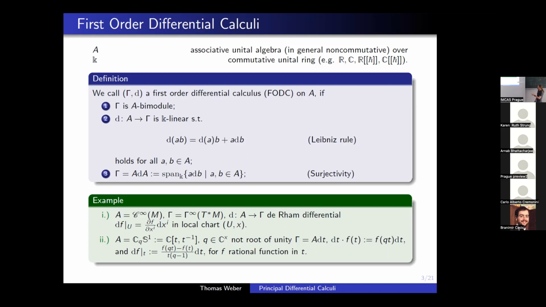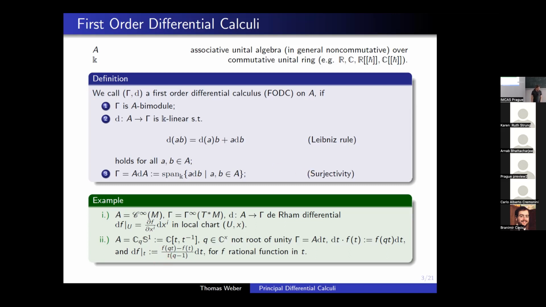You can multiply with your rational functions, and you have just one form dt basically that you multiply. And you're saying that your right module action is the same as the left module action, but up to this parameter q. So when you move things from the right of a dt to the left, you will get a q. And you can see that the differential corresponding to this is given by this formula here.